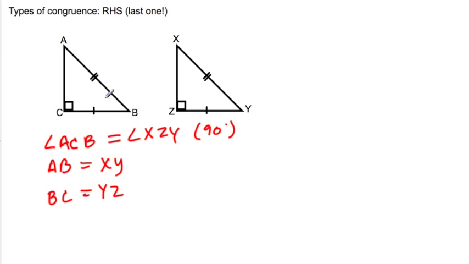It kind of does, but in this case, if the hypotenuse and one side of a right-angled triangle, that right angle is what's important, are equal to the corresponding parts of another right-angled triangle, then both triangles are congruent. This is also known as the right angle hypotenuse side test.